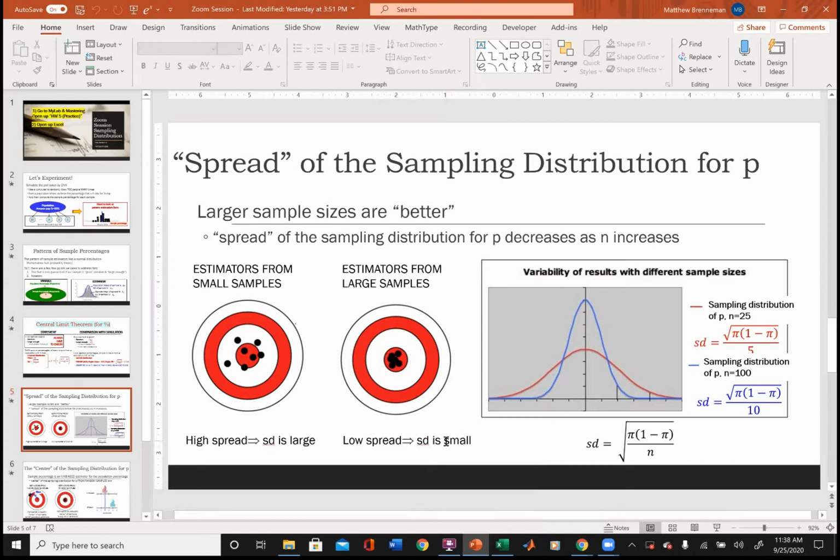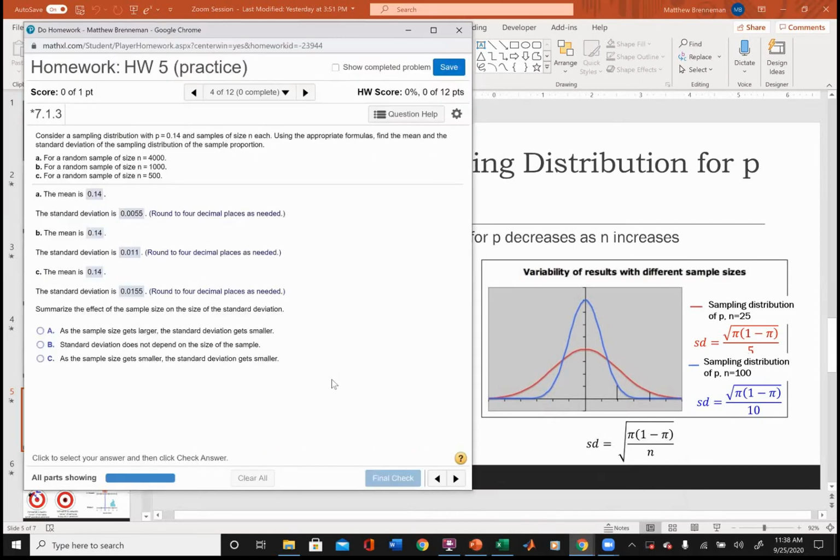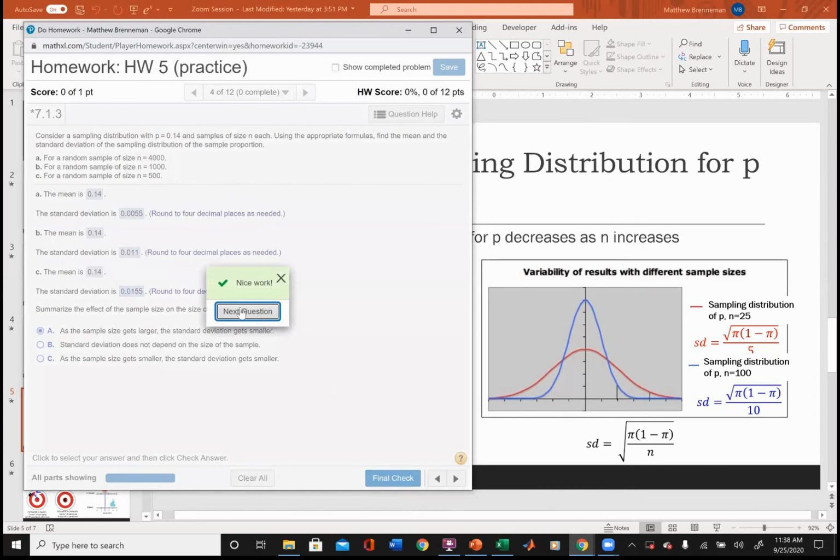This is the logic underlying how statistics works. So if we go back here, as the sample size gets larger, the standard deviation gets smaller. I believe that. Standard deviation does not depend on sample size. Well, that's totally false. As the sample size gets smaller, the standard deviation gets smaller. That's not true. When this gets smaller, this gets larger. So it's going to be A.